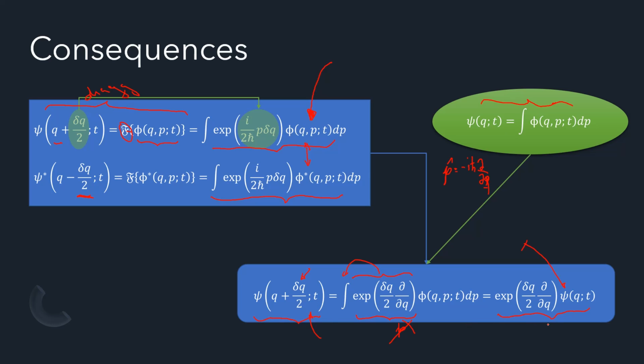From a point Q to a point Q plus delta Q by means of a transformation, a Fourier transform, that has a kernel given by this exponential. This is very important.